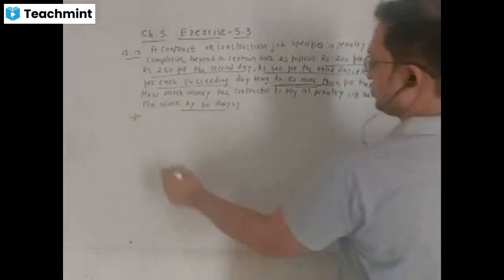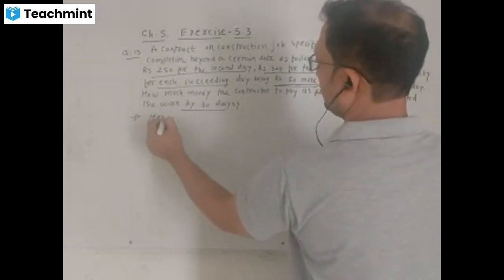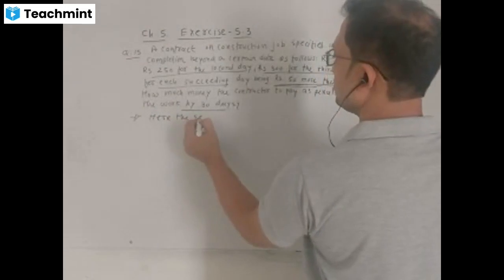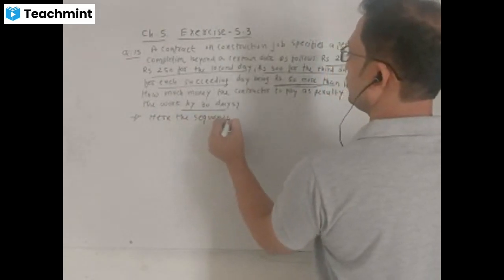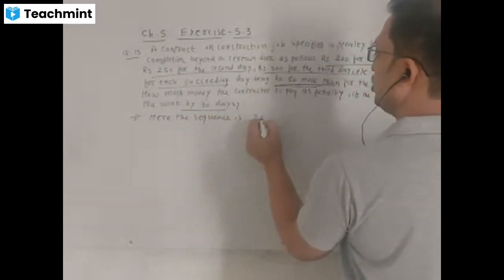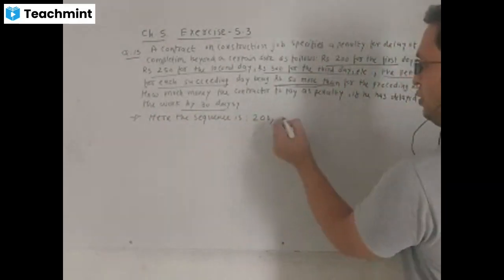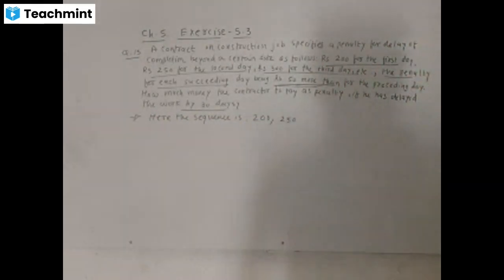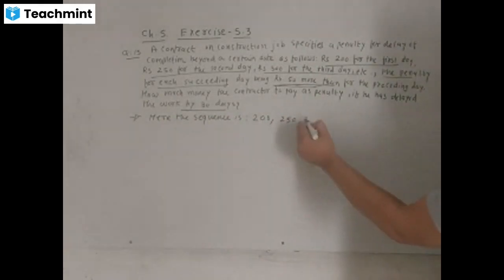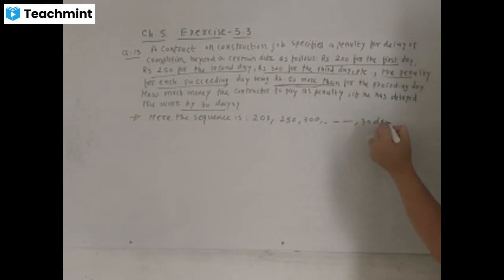Okay, so here the sequence is ₹200 for the first day. Penalty for the first day is ₹200. Second day ₹250, third day ₹300, up to 30 days. 30 days में कितनी पेनल्टी देनी पड़ेगी?